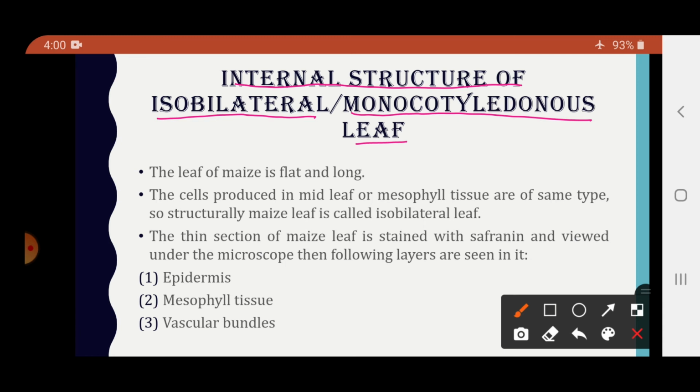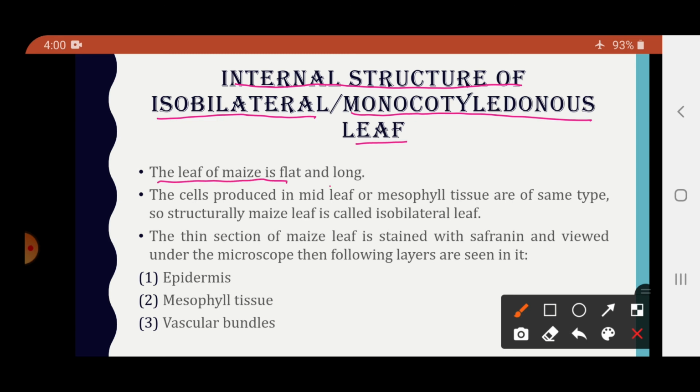Whereas in the monocot leaf, both the epidermis have a similar type of mesophyll tissue, and therefore it is called the isobilateral leaf. Iso means same, bi means two. That is, on both sides of the epidermis, the same type of mesophyll tissue is present.